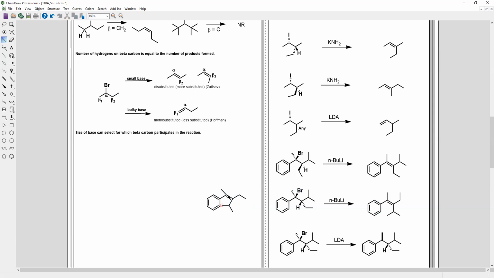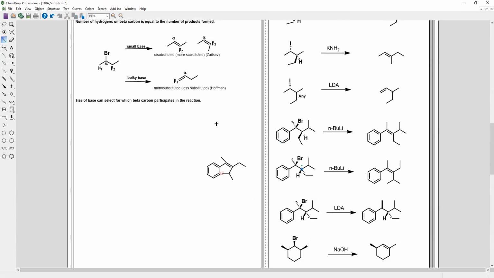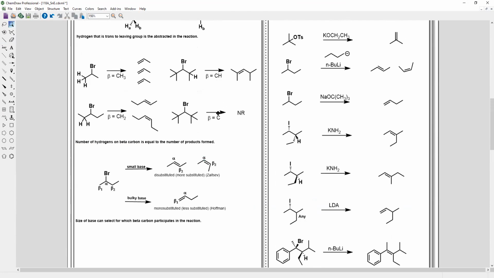Okay, so linear molecules having the ability to rotate means that the anti-periplanar state is always a possibility. You can always have an anti-periplanar state as long as there's a beta hydrogen somewhere. So linear molecules can always rotate. Very important deal. There is only really one example where it's NR for E2, and that's when we have this molecule here with no beta proton.